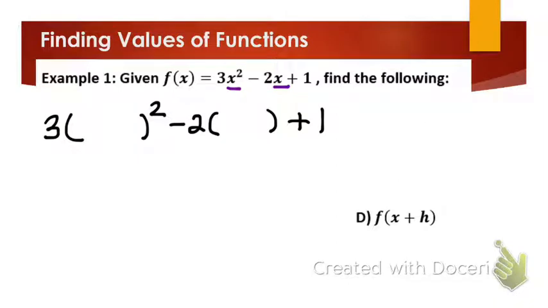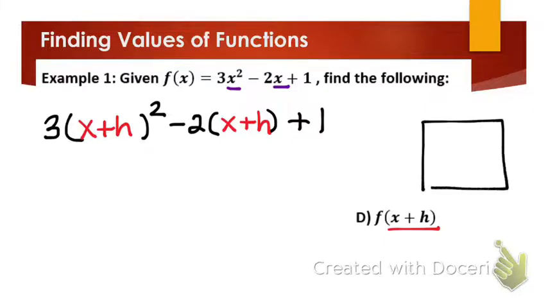Except this time, the something is x plus h. So again, anytime you are multiplying a binomial against itself, you need to make a box. So go ahead and make your box, multiply that x plus h times x plus h.